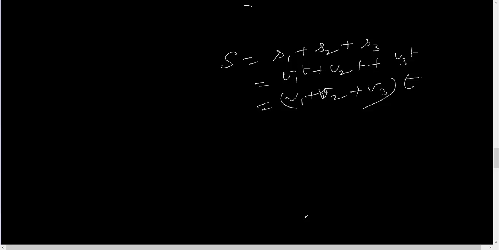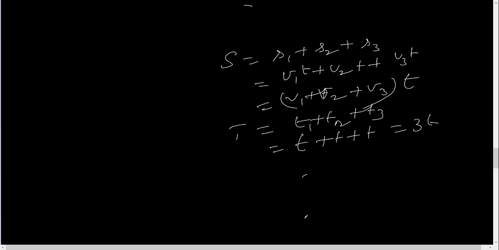Now capital T is T1 plus T2 plus T3, as in the previous example, now it will be t plus t plus t equal to 3t.